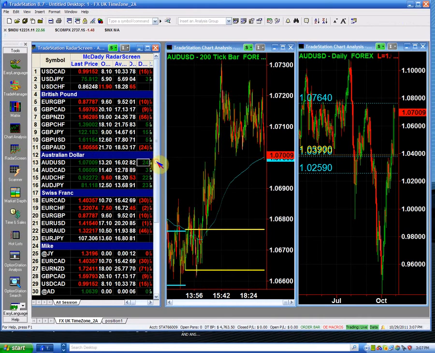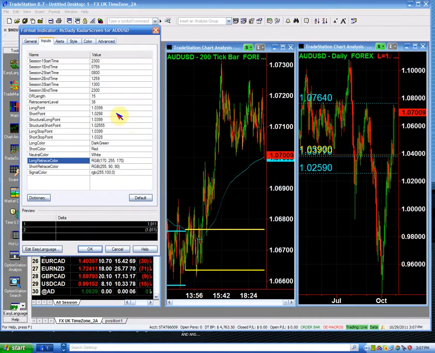So our selling point in the Aussie is going to be 106.50. It is also going to be our minor structure point, and of course, since it's such a weak point, it's also going to be our stop.